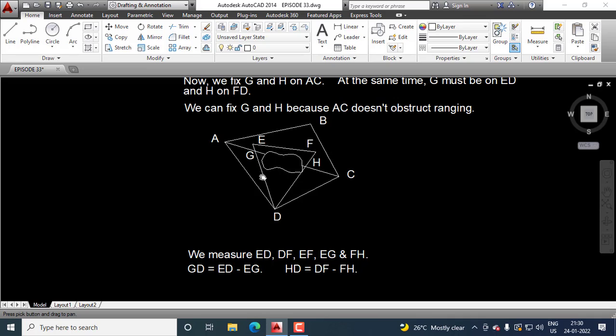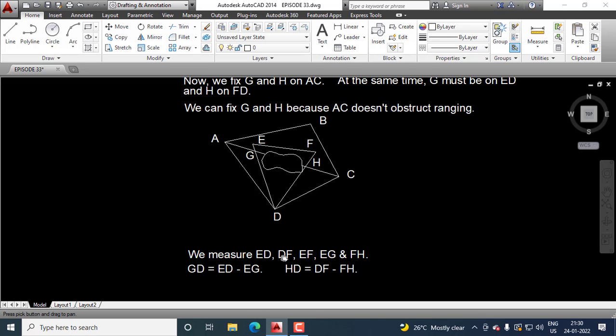G should be on ED and H should be on FD. G and H must be on AC, and G must be on ED and H must be on FD.